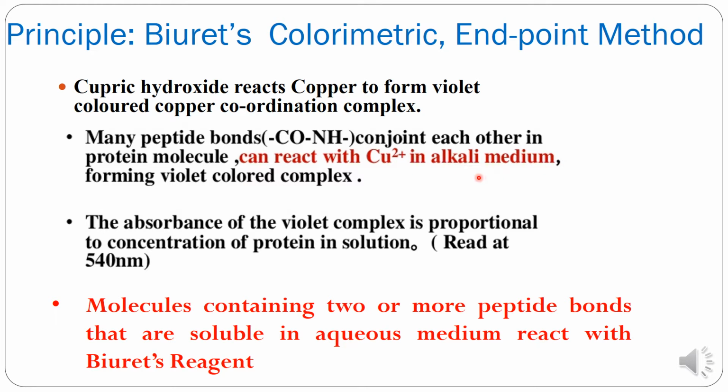So when the cupric ion binds with the CONH bonds of proteins, it forms a violet colored complex, and the absorbance of the violet colored complex is proportional to the concentration of protein or the number of peptide bonds present, and the reading is taken at 540 nanometers.